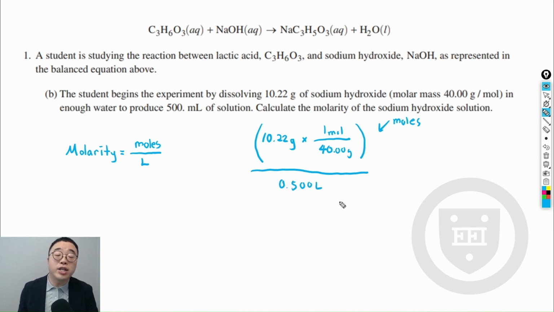So now that we have the number of moles of NaOH and the volume of the NaOH, we can find the concentration, and it comes out to be 0.511 molarity. And there we go. That's the answer. And here we want to keep three significant figures because the smallest number of significant figures is 500. Okay, so that should be your answer.